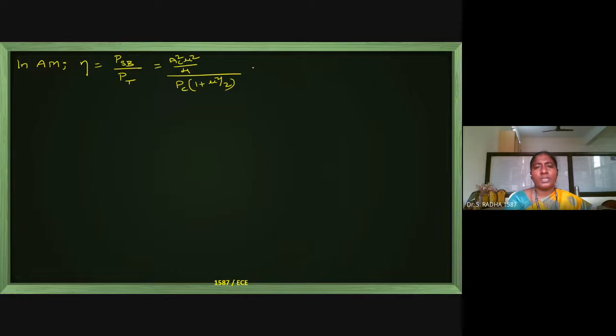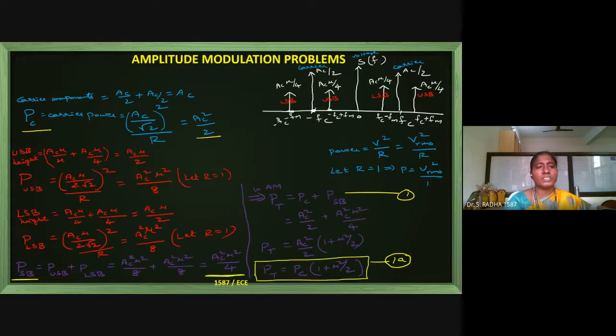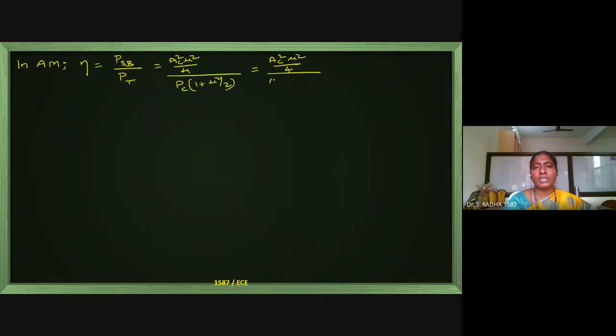Now, denominator PC also I will substitute the related carrier power. What is the equation? AC square by 2. Then I have 1 plus mu square by 2. Okay, AC square will get cancelled. 1, 2 will also get cancelled. So I am left with mu square by 2 divided by 1 plus mu square by 2.